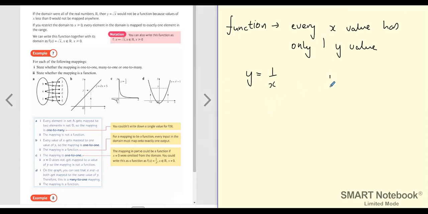If we sketch this, the graph looks like this. Right, so we know what it looks like, but what about at x equals 0? There's no y value at x equals 0. So as it stands, not a function.